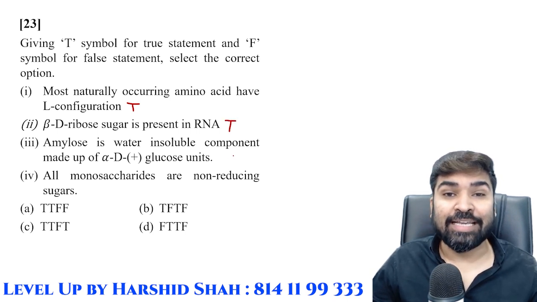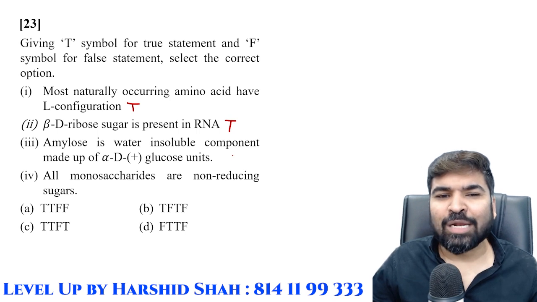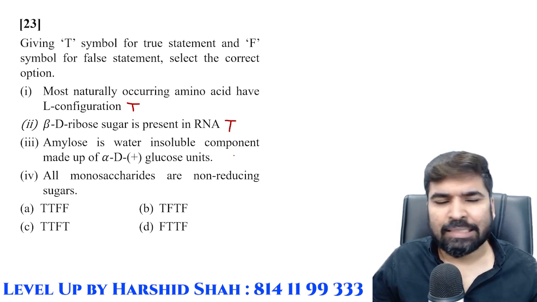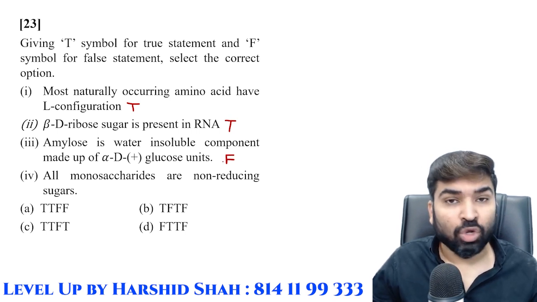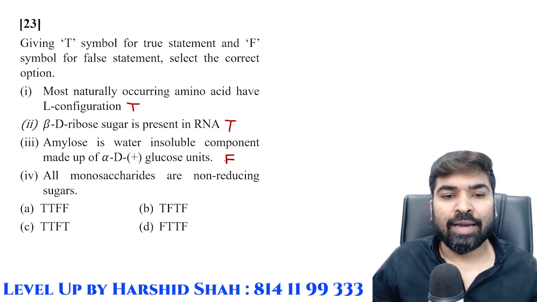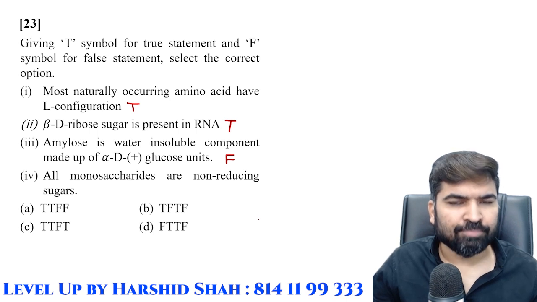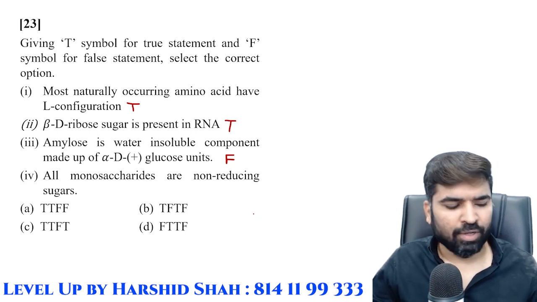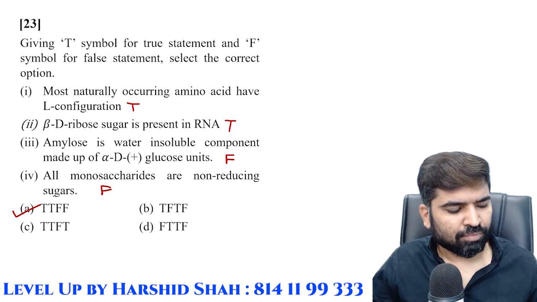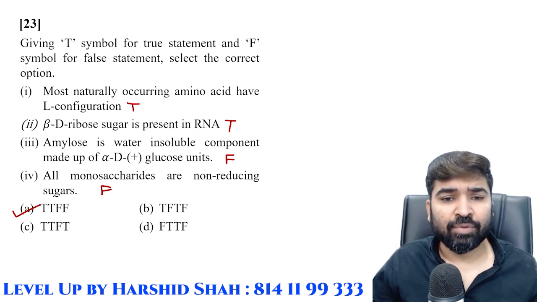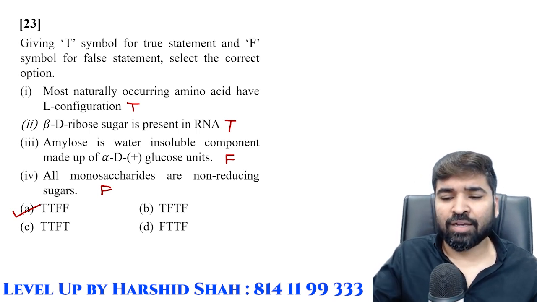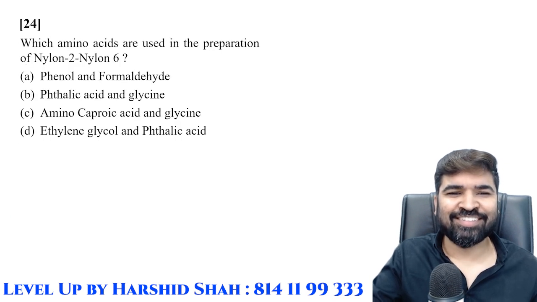Deoxyribose will be in DNA. Amylose is water insoluble. That is wrong. Amylose would be the water soluble component. And all monosaccharides are non-reducing sugars. All monosaccharides are not. So that is false. So TTFF, right? Okay, understood? Option A is your answer.